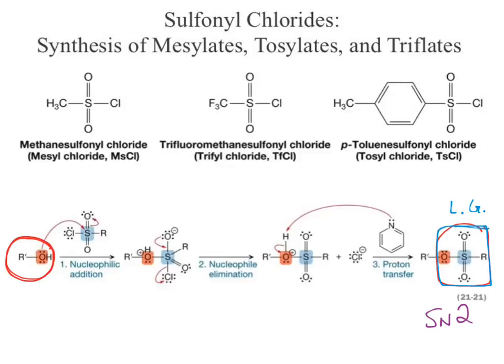Be aware you will likely see the abbreviations for these species. Your mesyl chloride, MsCl, your triflate chloride, TfCl, and then the tosyl chloride, which for those of you that have seen it in other classes, is also known as TsCl.